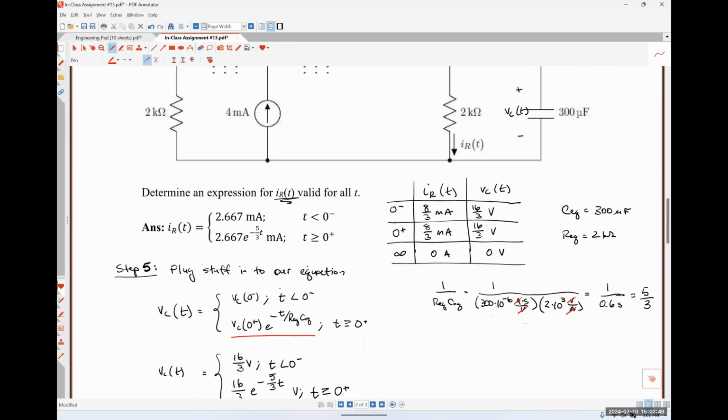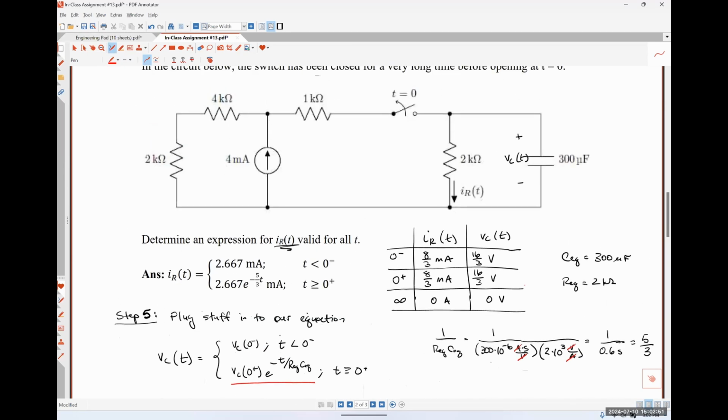If we look at our circuit, and we were to look at, let's say, the voltage drop across the 2 kiloohm resistor, positive polarity on top, negative polarity on bottom, what would that be in terms of VC?